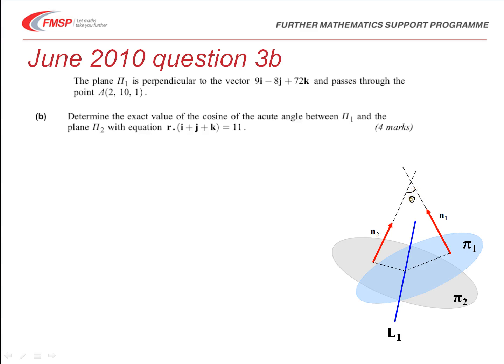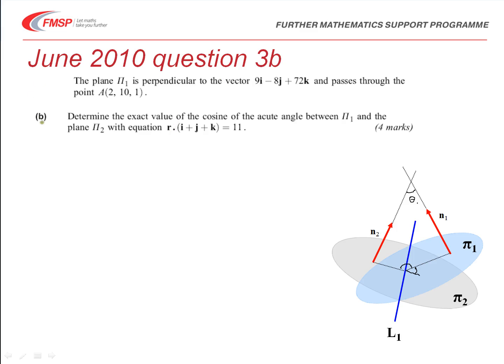And whatever that angle is in here, this angle down here is 180 minus that value, or the acute angle could be the one that's out here. So either of these two might be the one that we require. It will all depend on what value of theta we come up with, but we need an acute angle. So we know that the cosine has got to be positive to give us that acute angle.